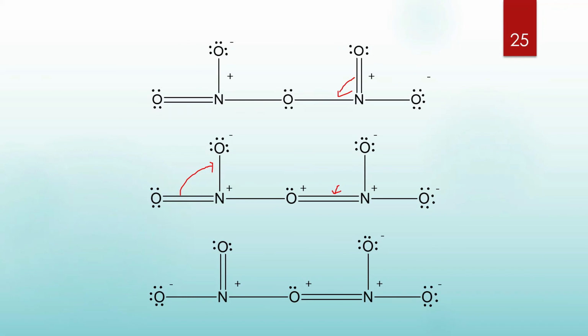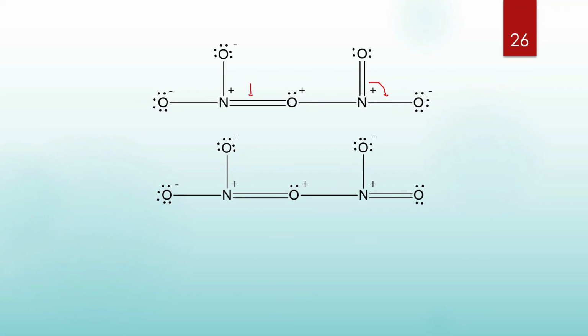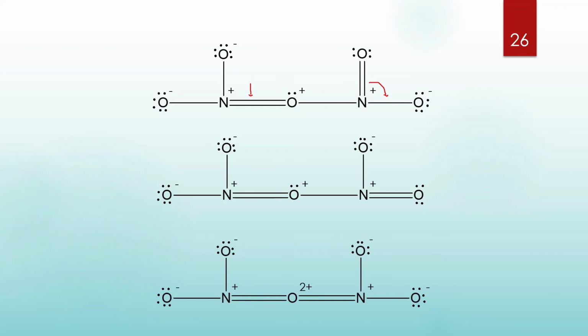Now I can do the same thing to the other side as well. So I move the pi bond here and I vary this here now. So we have 8, and the final 9th structure, which is really unstable, is by moving this pi bond here. So this final structure is really unstable because every atom has a formal charge.